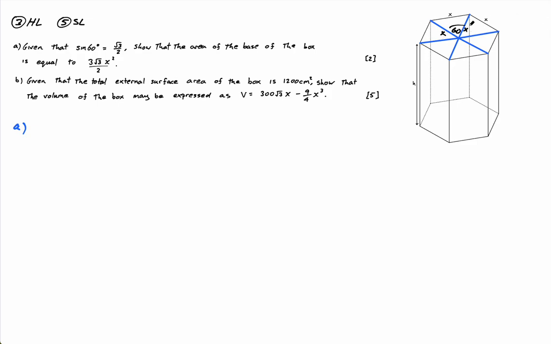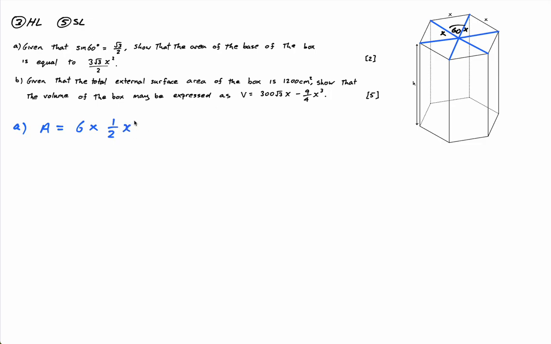Okay, now once you have that, we can find the area. So the area, let's call it A, is equal to just 6 times the area of one of the triangles, because there's 6 triangles. So 6 times the area of one triangle is a half this times sine of this.